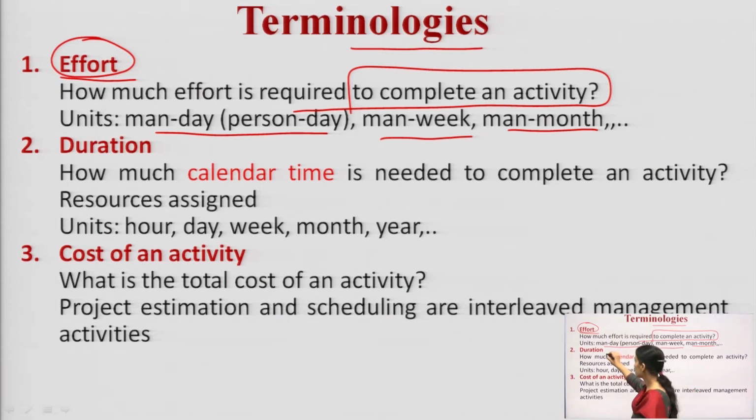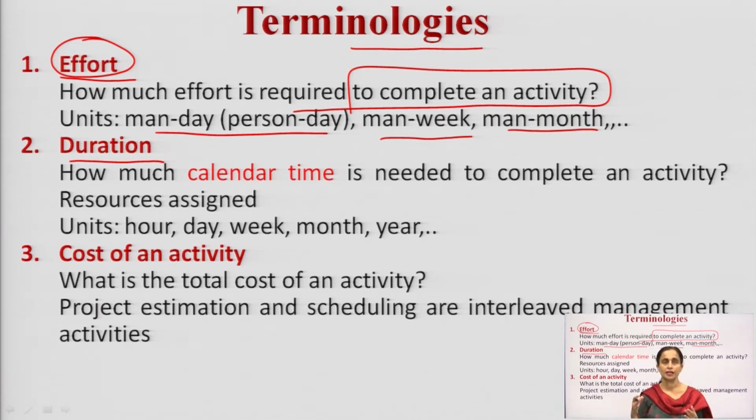Then the second parameter is duration. Duration means how much calendar time is required to complete an activity within the resources assigned. So if we are talking about the duration, that means we are talking about time. Once developers are designing the software, they keep in mind that they have to deliver it in an hour, or that in a team we have to do this task by the end of this day, or by the end of this week, or by the end of this month.